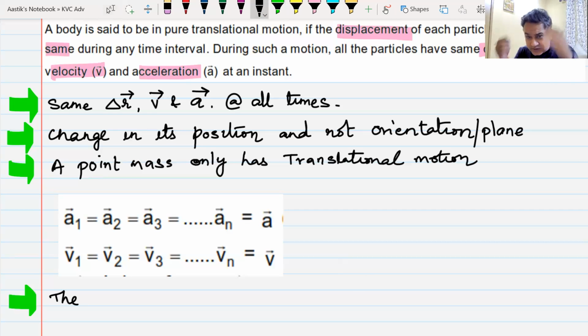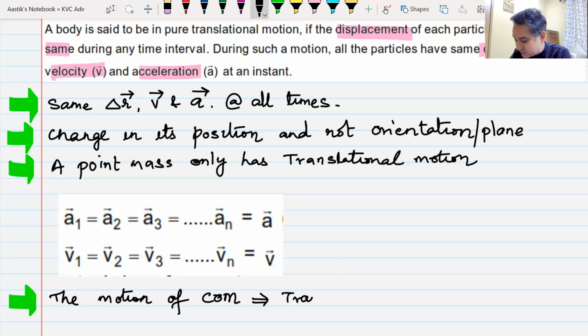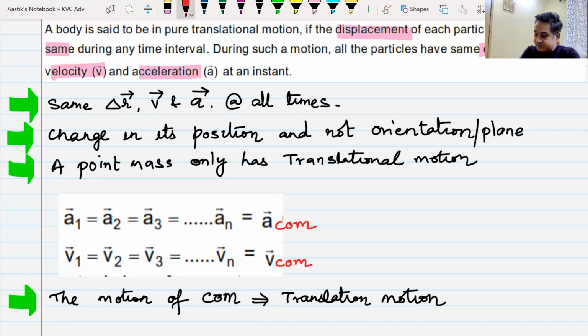And therefore the center of mass will come again in this chapter. So you can write this as ACOM, and you can write this as VCOM. I hope you are understanding this.